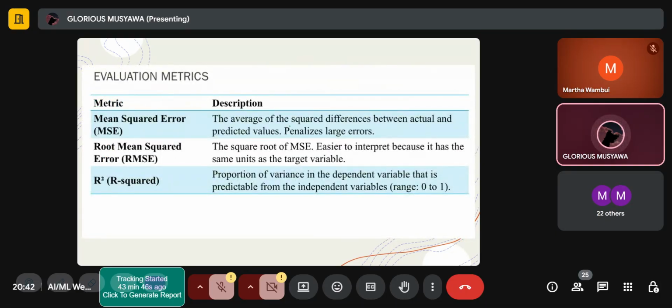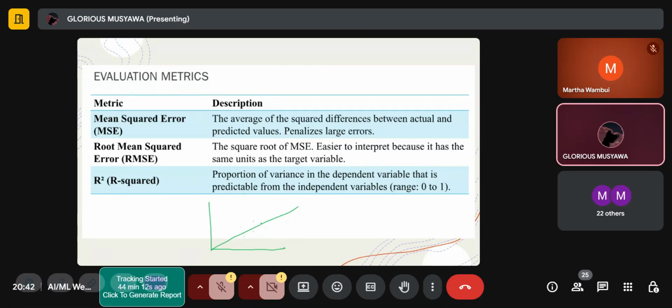Anyways, so evaluation metrics, mean squared error. So we have the error, then we square the error. What do I mean? Let's say this is my regression line. I'll just use the simplest, where we have two features. So these are some of the data points I'm trying to plot.